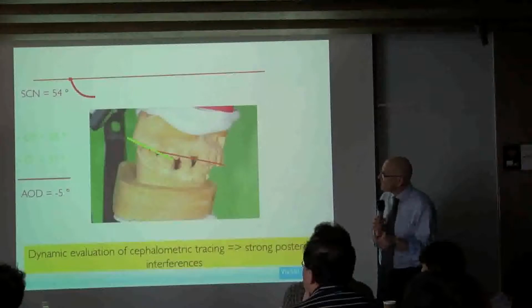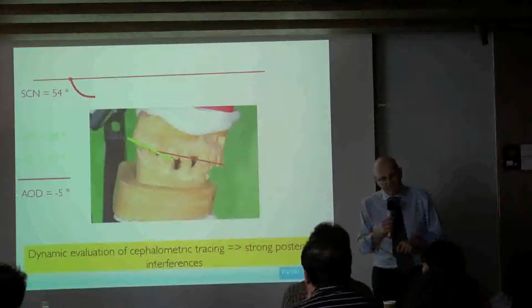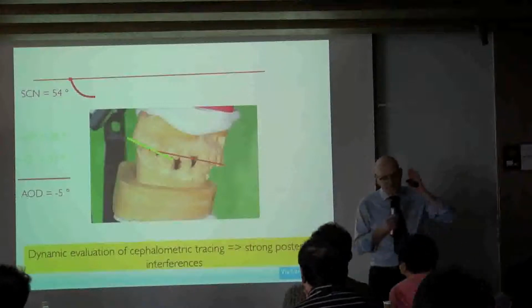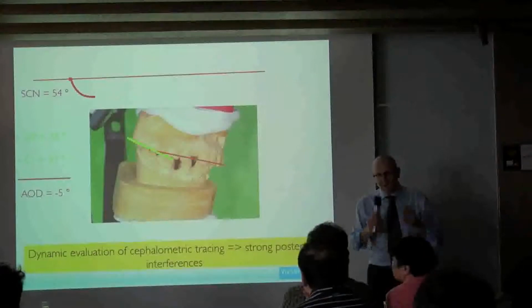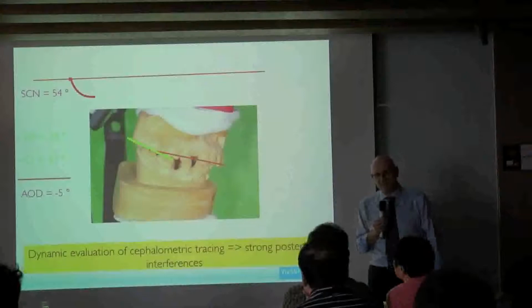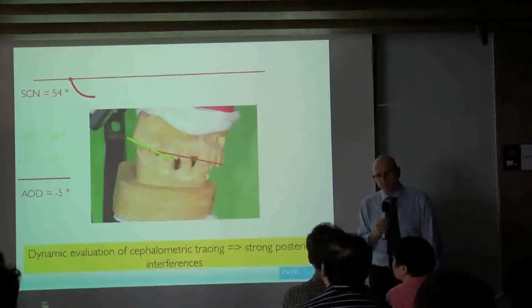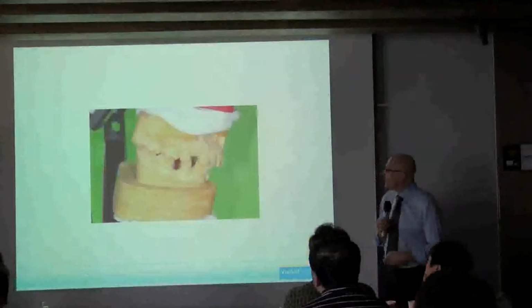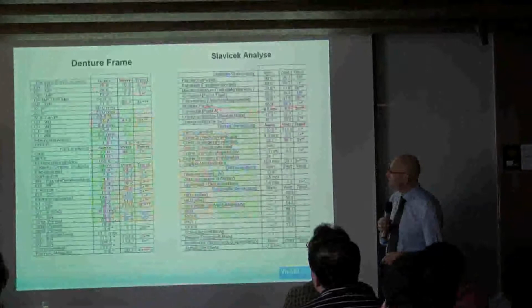If we combine that, the so-called angle of disclusion is minus 5. Minus 5 means teeth touch. They must touch. Impossible not to touch. This means posterior interference, hyperbalance, or lateral intrusive contact. Now we can confirm in this patient, when the patient is grinding.